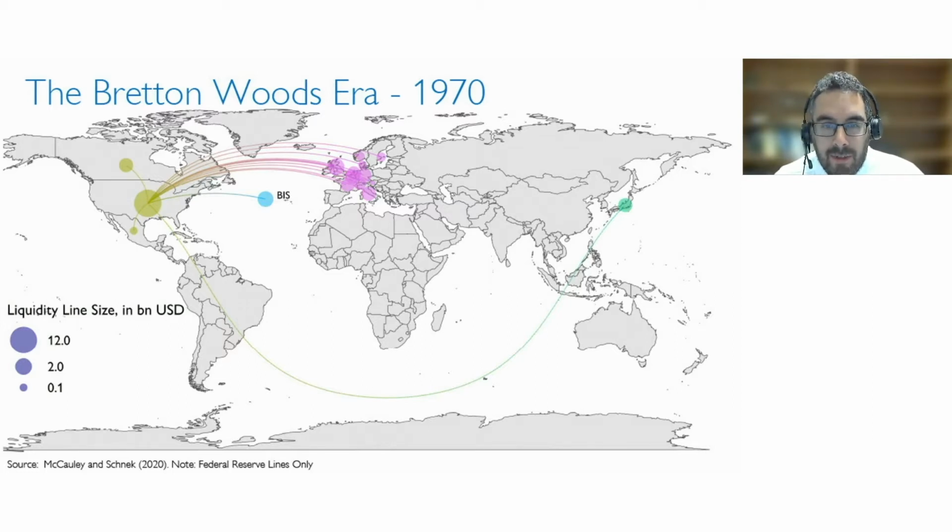I've plotted on this chart the network of the Federal Reserve swap lines in that era, and the bubble size is basically the size of the facility that's outstanding. These were used primarily to fund FX interventions. They provided dollars offshore for the recipient central banks to intervene in the exchange rate market.